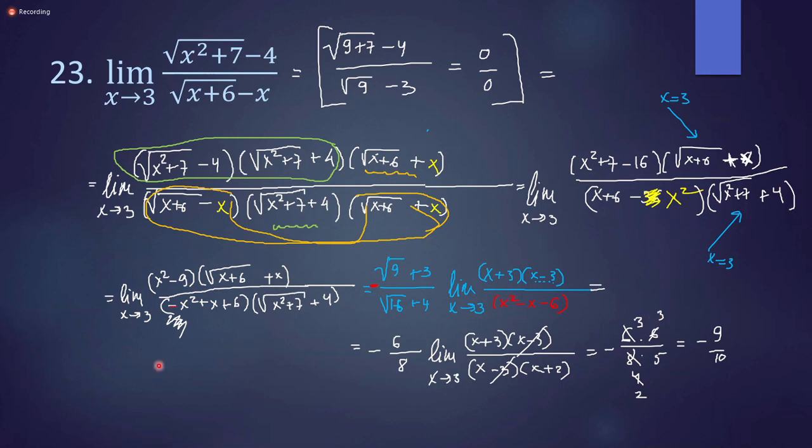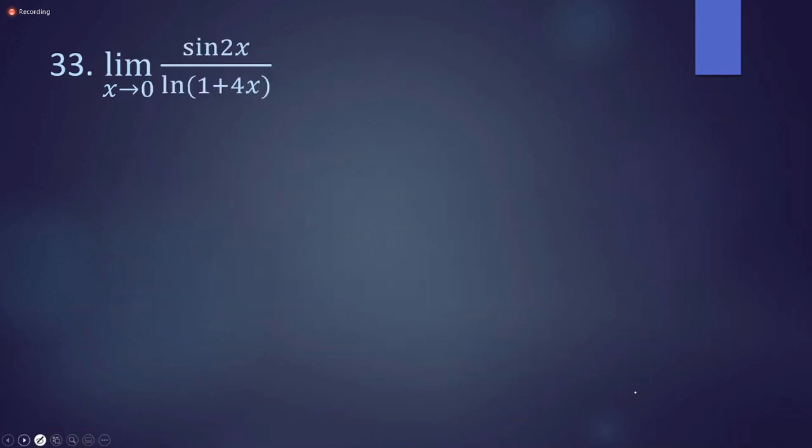Okay, move on. This is very clearly a limit about equivalence, because as you see, 1 plus 4x inside the logarithm. We don't have a logarithm special formula. So what we see is, of course, sine of t is equivalent to t, and ln of 1 plus t, we remember, is also equivalent to t when t tends to 0.